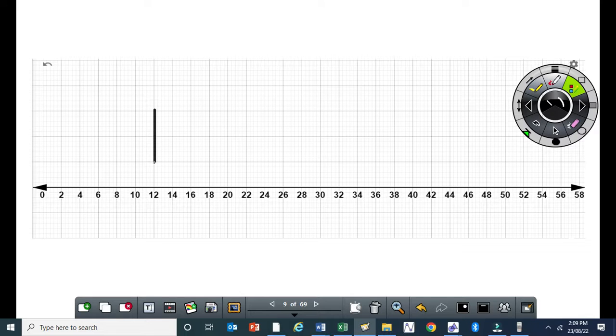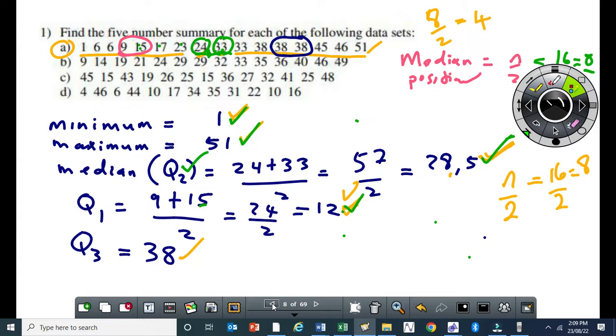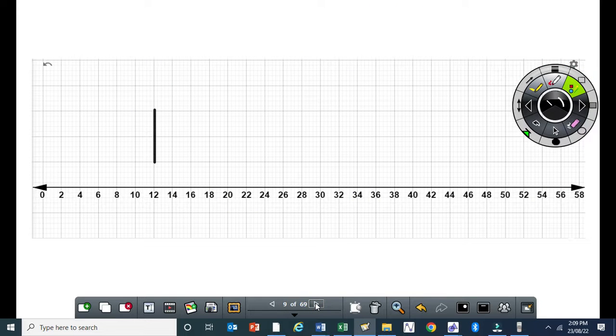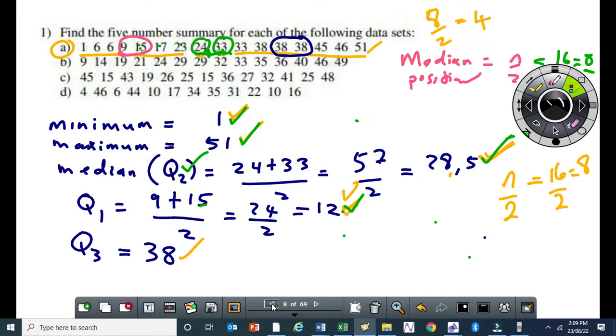So that will indicate my lower quartile. This is very easy. Then my median Q2 is 28,5. So 28,5 will be somewhere there. Right? Then I've got my upper quartile, Q3, which is 38.